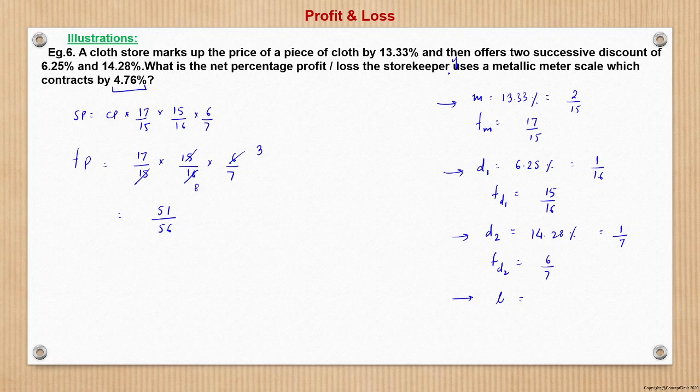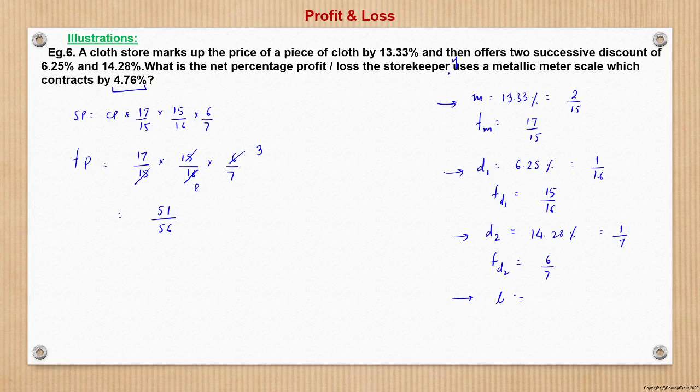Because if a meter scale contracts, then the actual length of the cloth given to the customer will be lower than 1 meter, right? So in that case, it will have a positive impact to the shopkeeper.